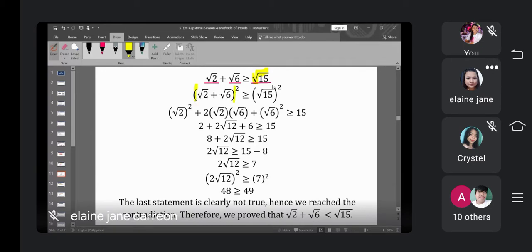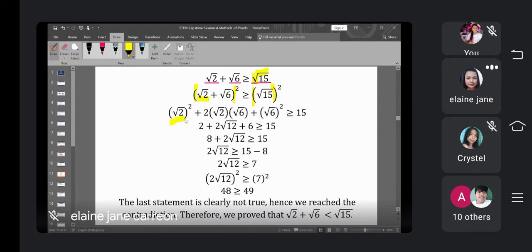Ito yon. So, the square of the quantity square root of 2 plus square root of 6 is greater than or equal to the square of the square root of 15. Ayan, so naka-enclose siya ng parentheses. So, this one, the left side will be treated as a binomial. Okay? The left side will be treated as a binomial. So, we square the first term, which is square root of 2.